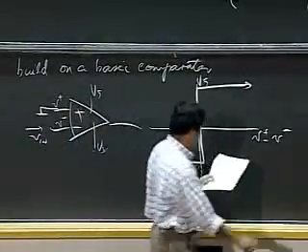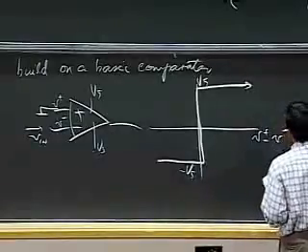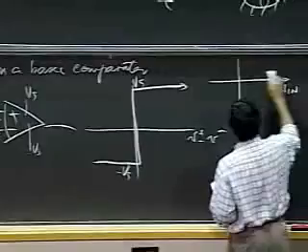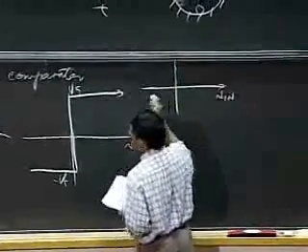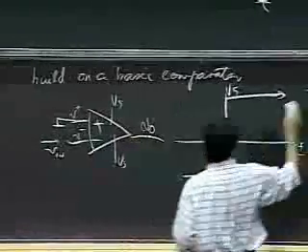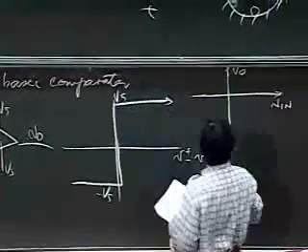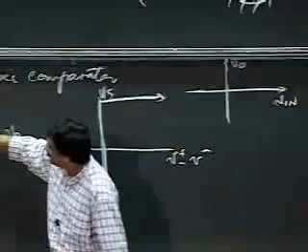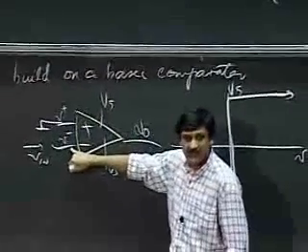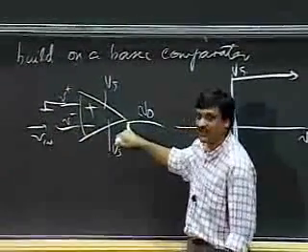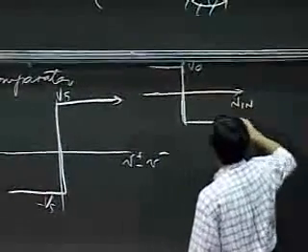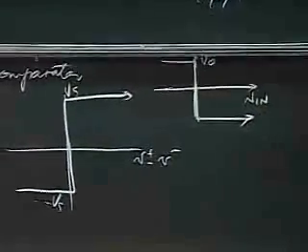Okay? In terms of, if I plot the same thing in terms of V in, and this is V out. If I plot the thing in terms of V in, then notice that as V in increases, this guy should go to a negative rail. So in terms of V in, it looks like this.